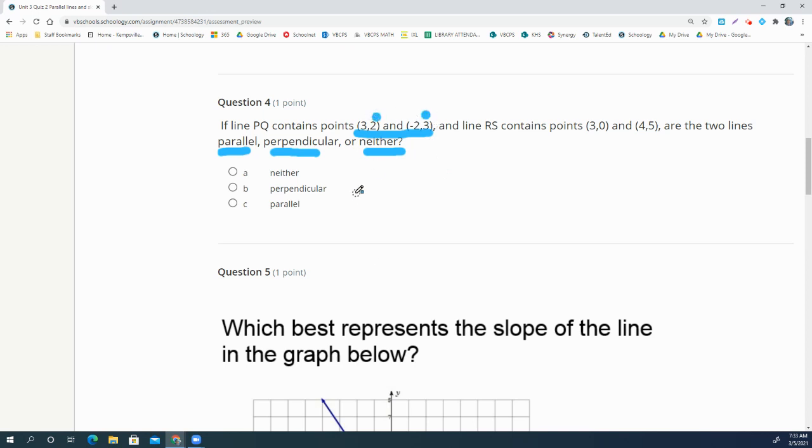So 3 minus 2. And then x minus x. So if I start with a 3, I got to start with a negative 2. Negative 2 minus 3 is negative 5. Exactly. So y minus y, rise, over x minus x, run.